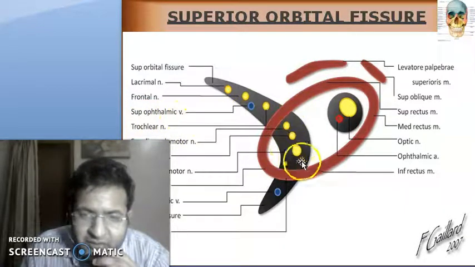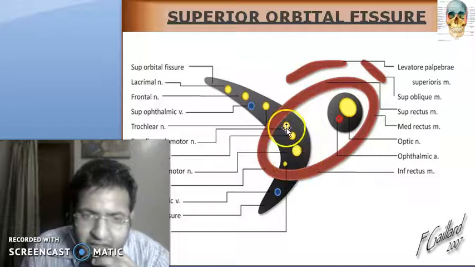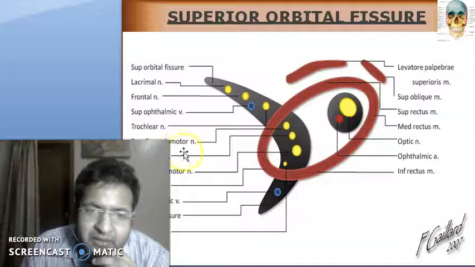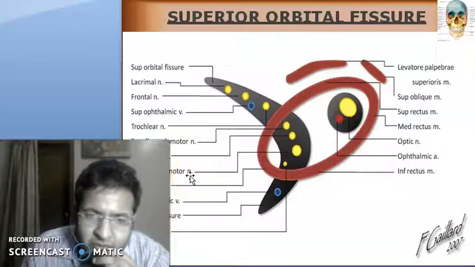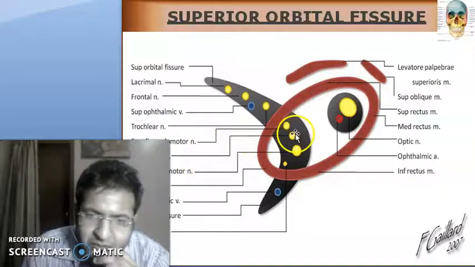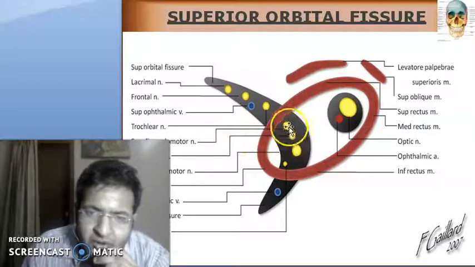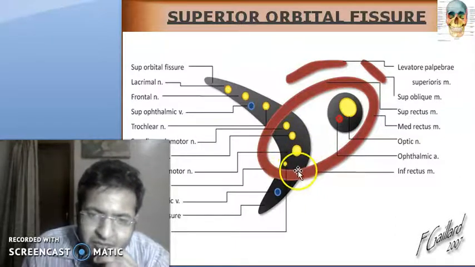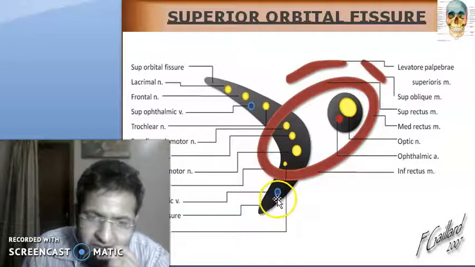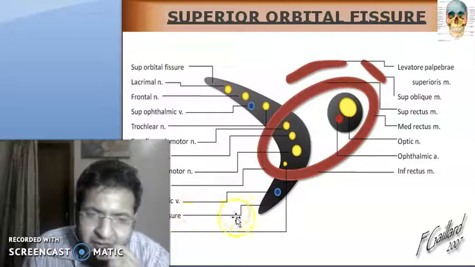The structures which pass within the annulus of Zinn are the 3, 5, 3, 6: that is, the superior and the inferior division of the oculomotor nerve, with the fifth nerve, the nasociliary branch, between them. The sixth nerve, the abducens nerve, also passes through the middle part of the superior orbital fissure. Through the inferior part of the superior orbital fissure passes the inferior ophthalmic vein.